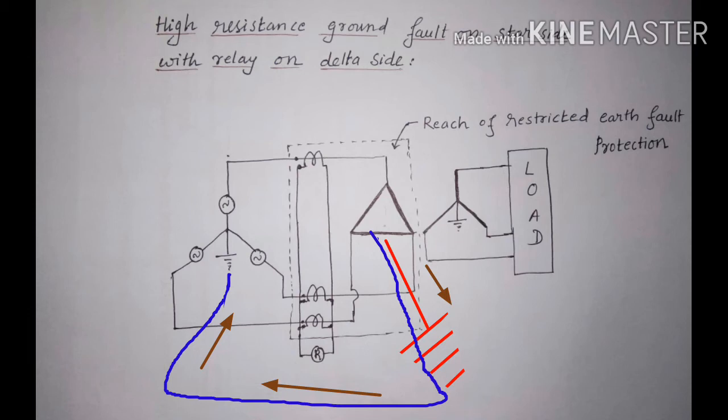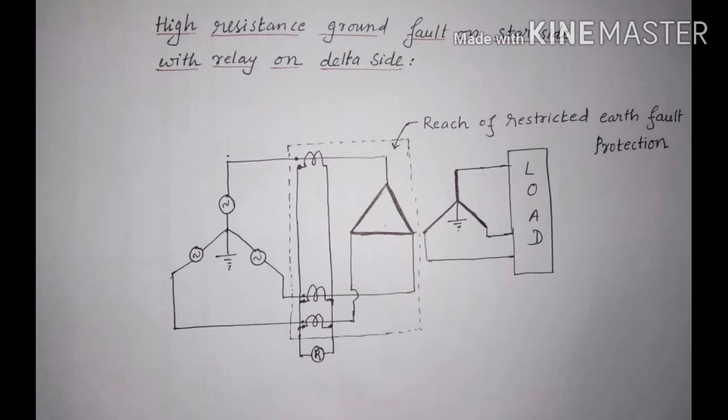Hence, spill current through overcurrent relay, and the relay will operate. It means that the restricted earth fault relay operates only for the fault on delta side but not for fault on the star side. So, restricted earth fault relay shows stable operation.